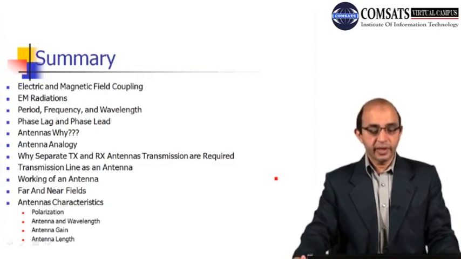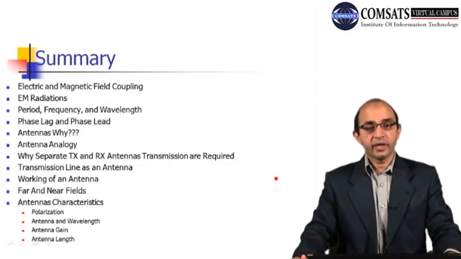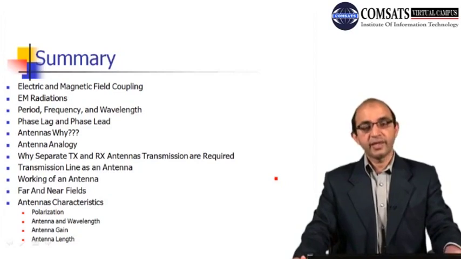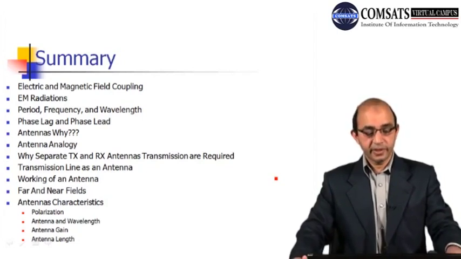So that's it for today's lecture. Today we talked about electric and magnetic field coupling: how we have the coupling of electric and magnetic field as a result of a moving charge, and how EM radiations are produced as a result of those oscillations. Then there are a few concepts which help us with antennas: period, frequency, and wavelength.